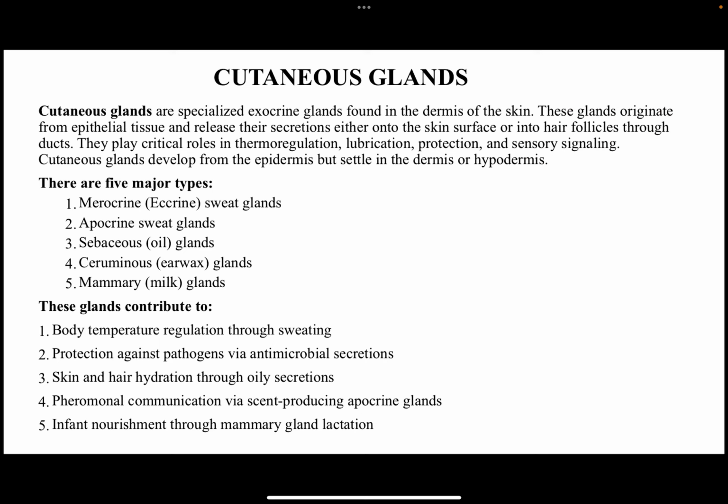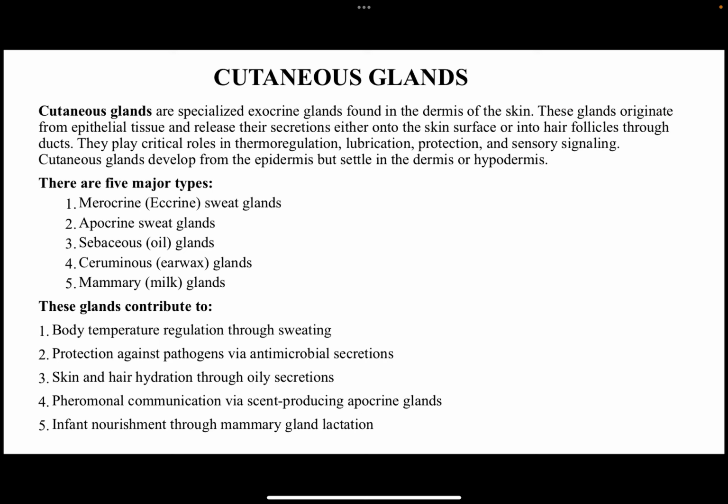These glands originate from the epithelial tissue and release their secretion either onto the skin surface or into the hair follicles. They play critical roles in thermoregulation, lubrication, protection, and sensory signaling. Cutaneous glands develop from the epidermis, but they settle in the dermis or the hypodermis.